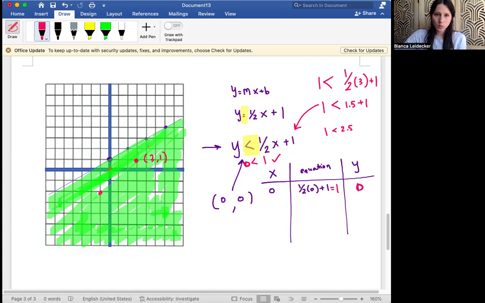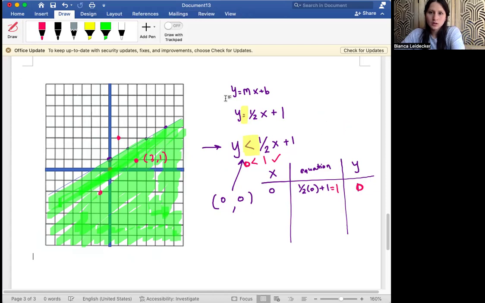If I picked a point that was above this line, let's say 1, 4, and let me clear off some space here. If I picked a solution that was an ordered pair of 1, 4, I would replace my y with 4: 4 is less than 1/2 times 1 plus 1.